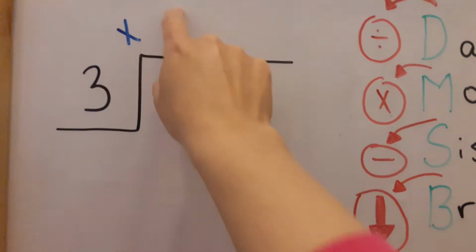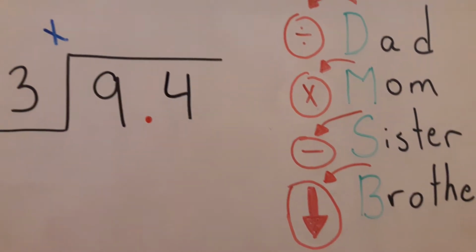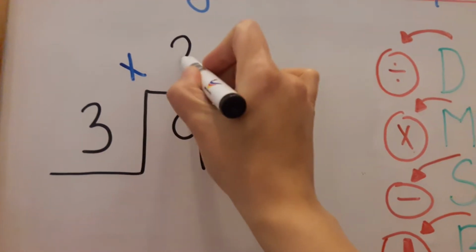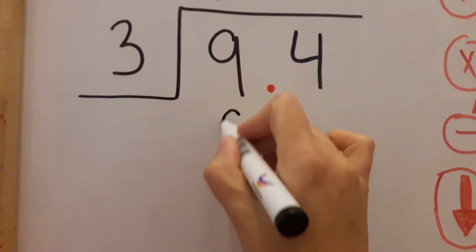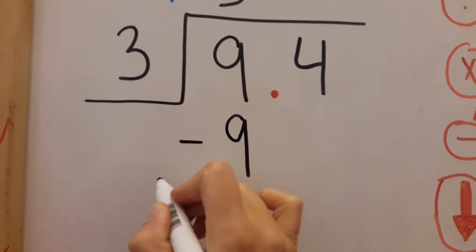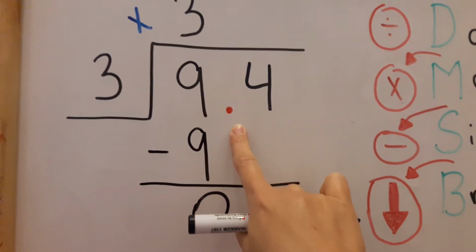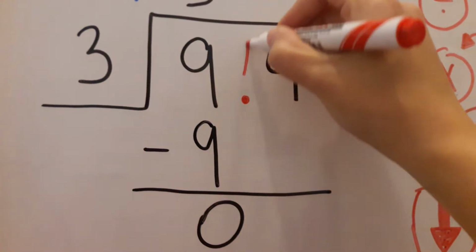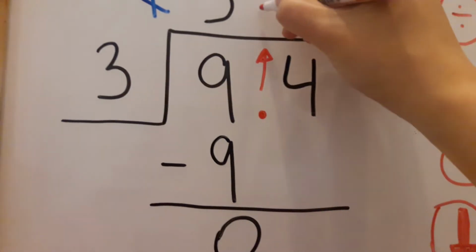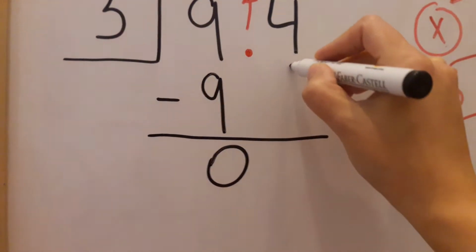So 3 times what gives you 9? 3 times 3. So I'm going to put 3 over here, and 3 times 3, it's 9. Then you subtract, 0. Again, when you reach the decimal point, what are you going to do? Just carry the decimal point up, put it up. Okay? Then continue. Bring the 4 down.